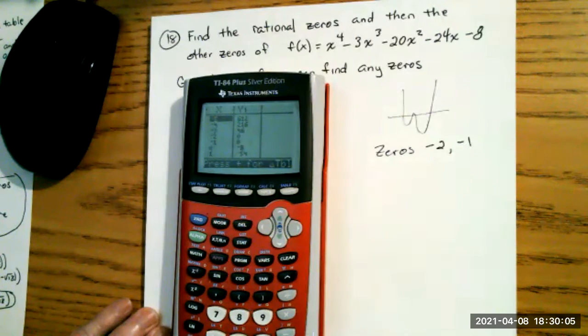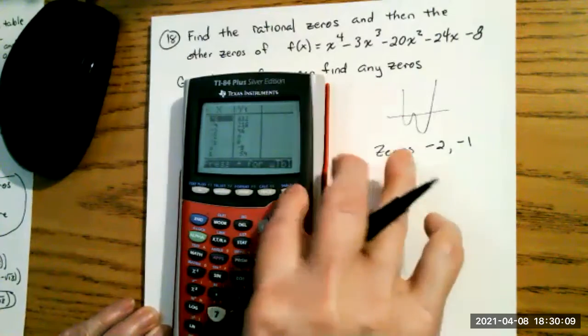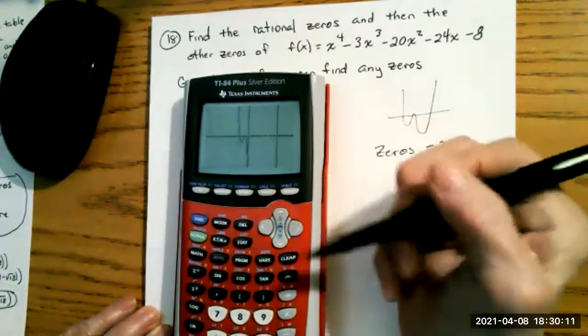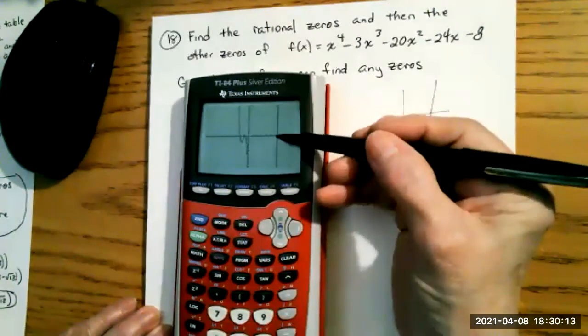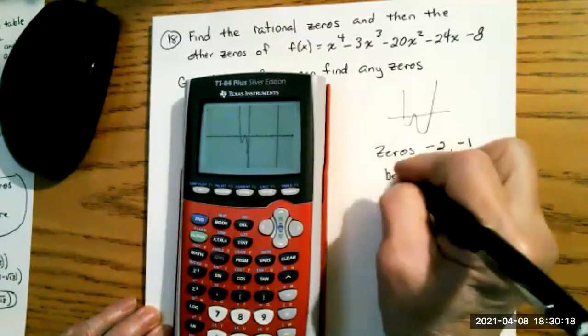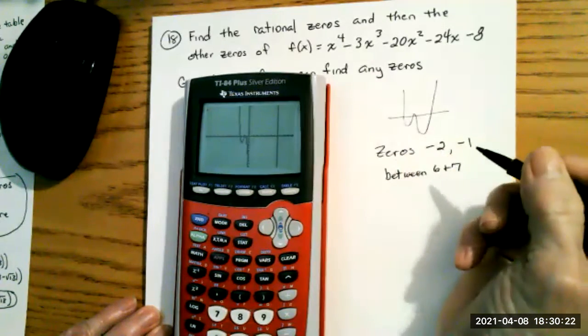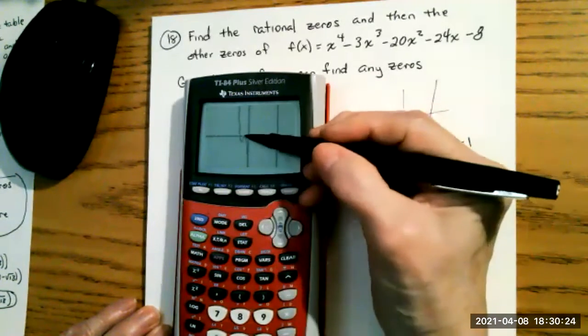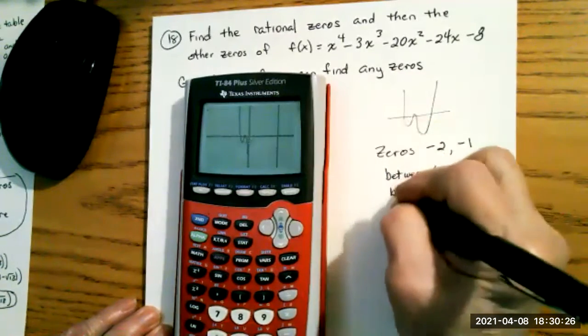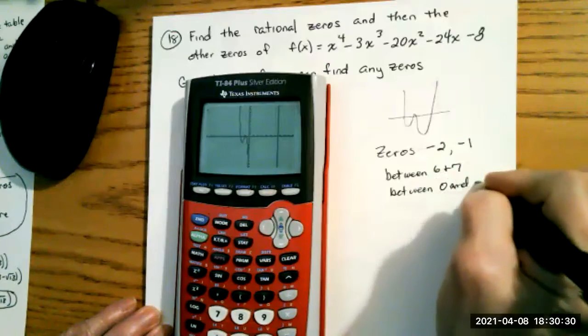Now I can get that down to a quadratic and find the other 2. Let's see if I can look at my graph and see where they are. There's another one that's right here. It looks like it's between maybe 6 and 7. There's another one, and it looks like there's one right in here between 0 and -1. I think there's another one.